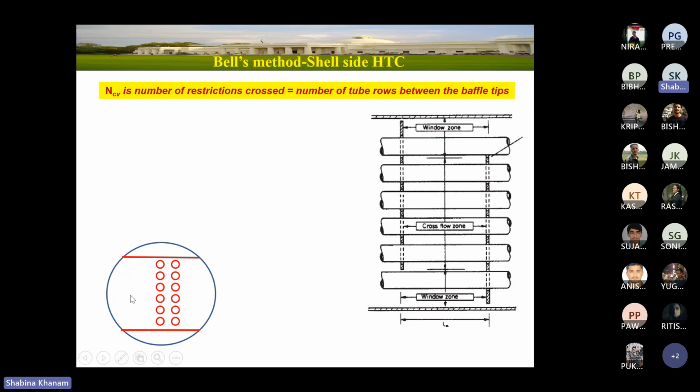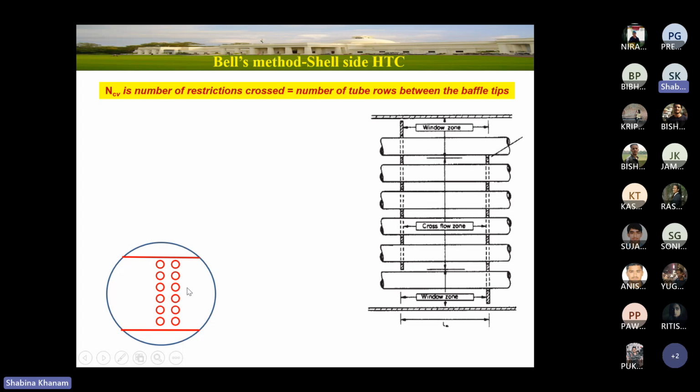And when we consider the HOC, that is the ideal tube bank, where it is not affected by any other tube. In that case you may consider this tube for HOC, but it is not affected by other tube rows. If you consider this tube row, when the fluid is falling over this, it will be distributed in two, and then this tube will come, and then this tube will come.